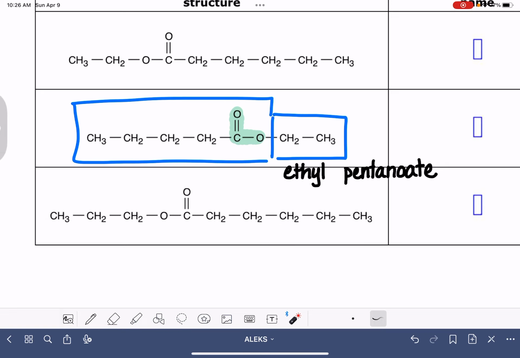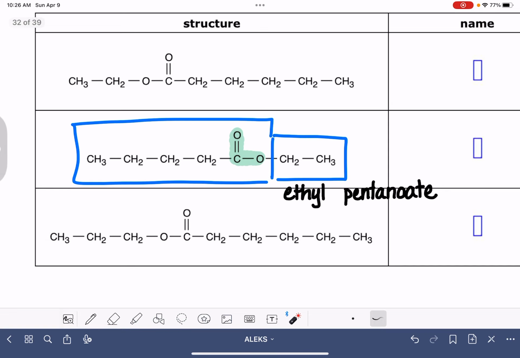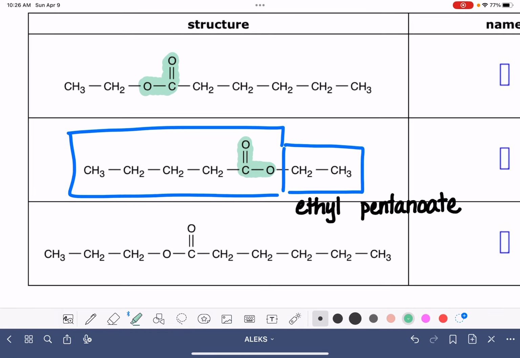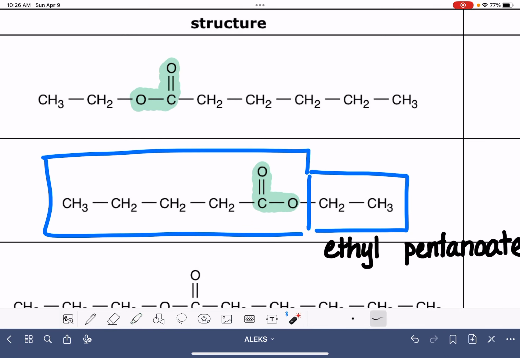Let's practice again. Let's do the one up above it. Step 1, we have to divide the molecule in half, and to help us do that, we're going to find the ester group. It's either going to get divided here or here. We do not want to divide at the side of the carbon-oxygen double bond. We want to divide at the side of the carbon-oxygen single bond.